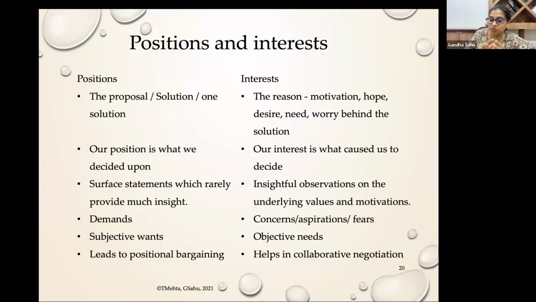So that is subjective wants, objective needs, and it leads to positional bargaining. If you keep sticking to one, the fact that I don't want to understand what your interest is, this is a property, it is worth 4 crores. This is a property, it's worth 10 crores. And three of you have got that, and I have got this.